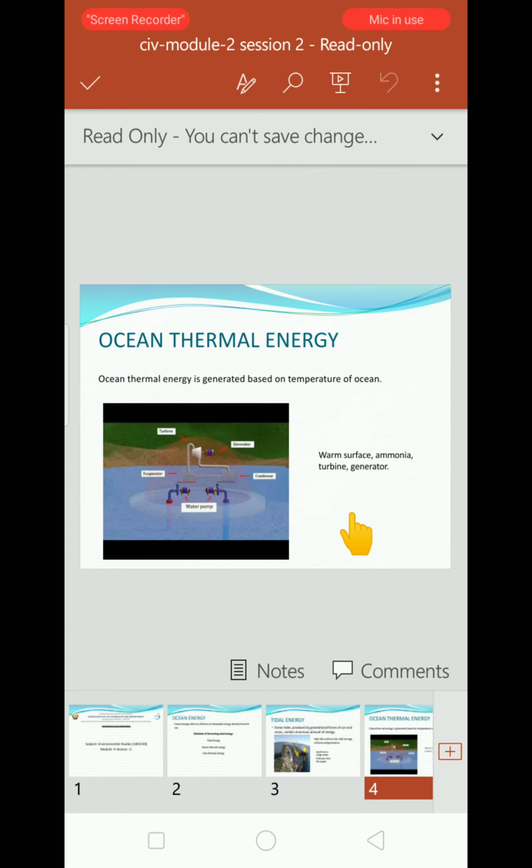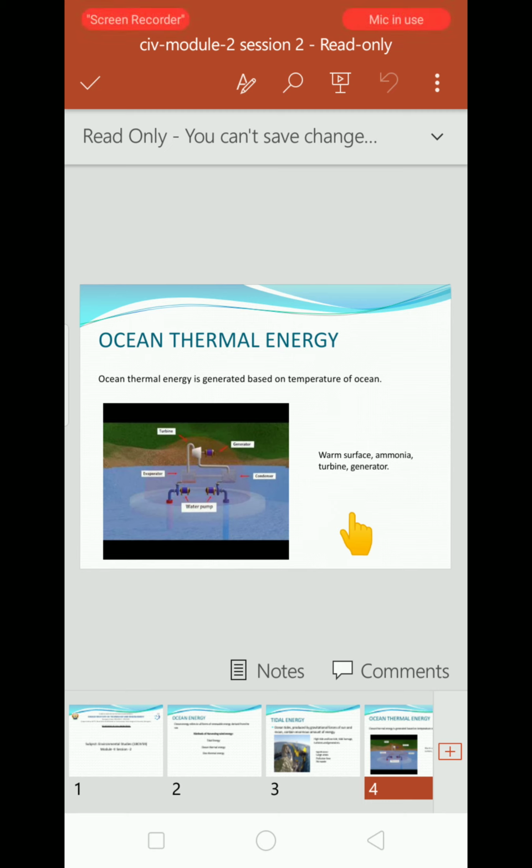And coming to ocean thermal energy. Ocean thermal energy is generated based on the temperature of the ocean. The temperature difference between the surface level and the deeper level of the oceans is used to generate electricity, and the energy available due to the difference in the temperature of water is called ocean thermal energy.